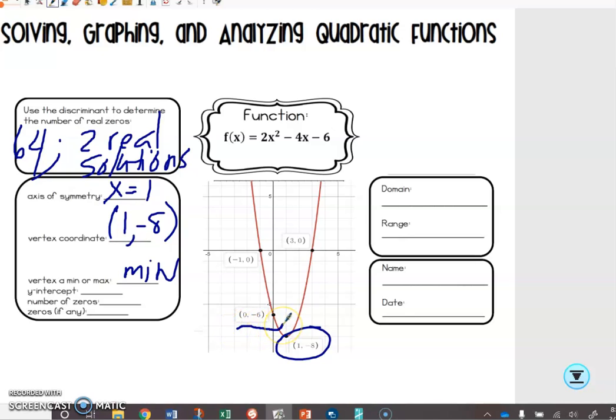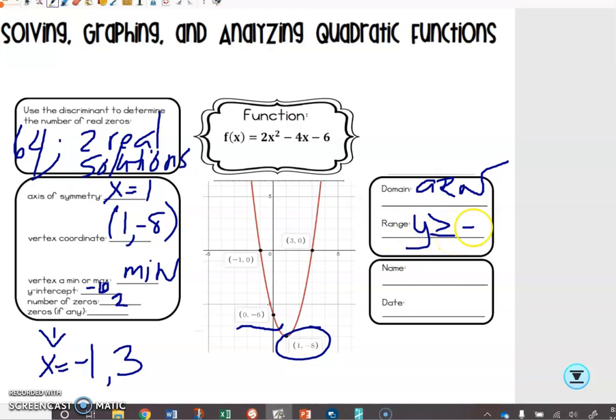So right here, the number of zeros is 2. And those zeros happen at negative 1 and 3. We talked about domain. Domain is always going to be all real numbers for a quadratic. And our range is y greater than or equal to negative 8.